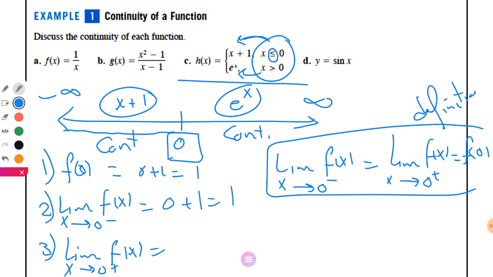From the right, I replace in the rule at which x is more than 0, because right means more than: e to the power 0 is 1.